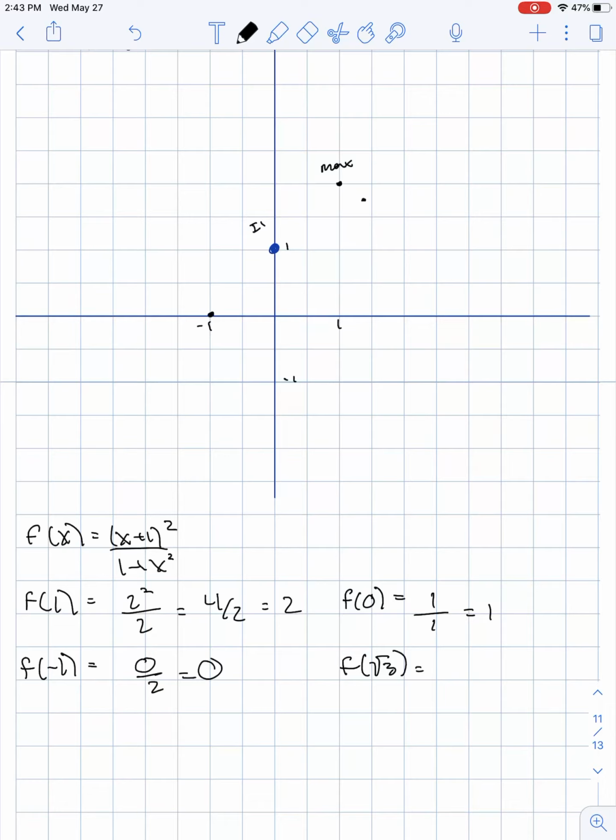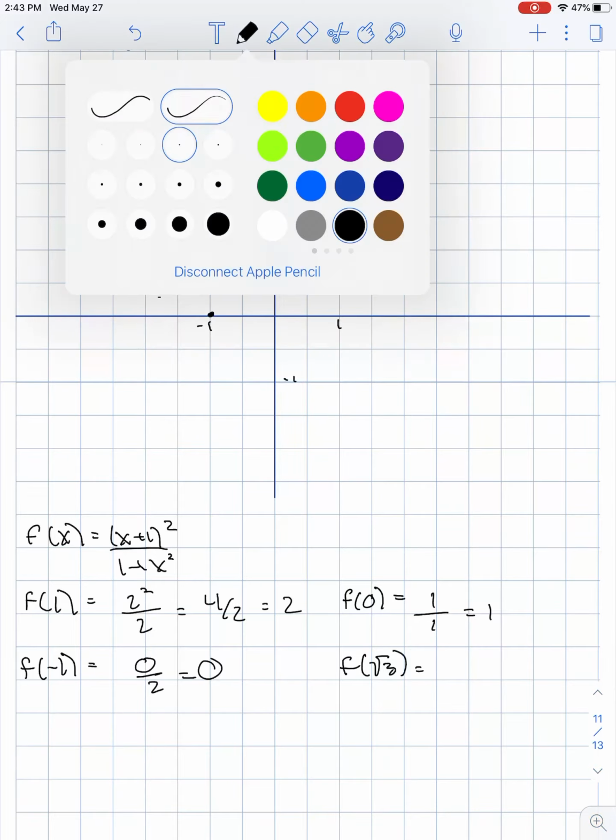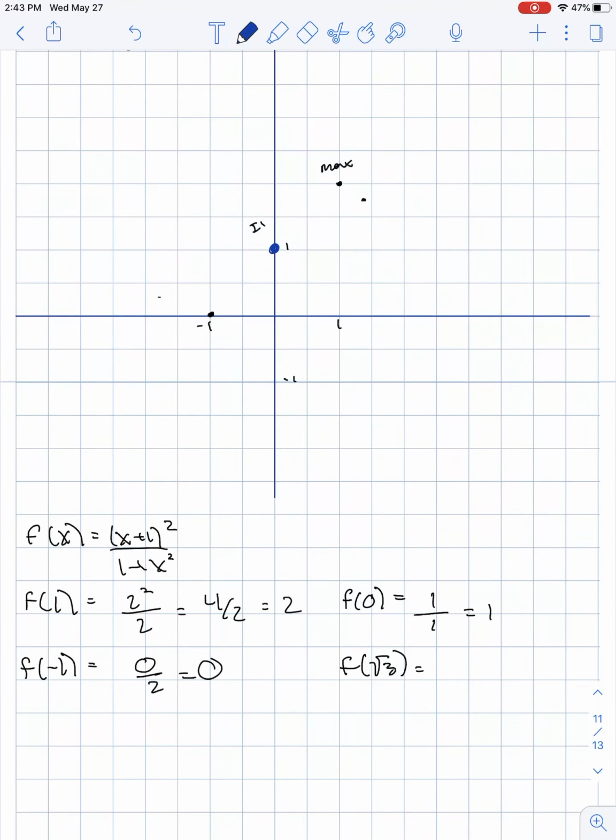And then the negative square root of 3 is right around here. Okay. There are my inflection points. And then our horizontal asymptote will be in red.